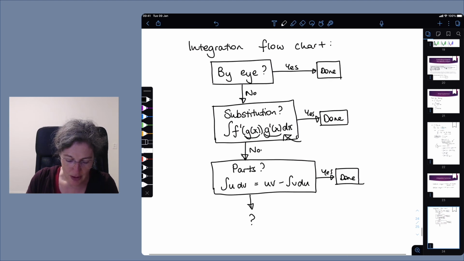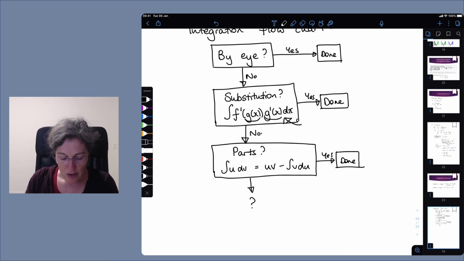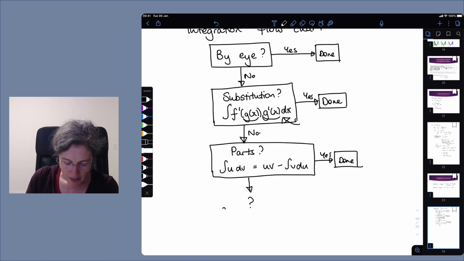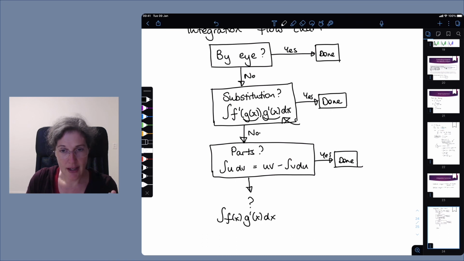If not, then you're going to use integration by parts. So I used slightly different notation in the lecture, but hopefully you follow that. The key thing for me to try and figure out if I'm going to use integration by parts is that I've got a something multiplied by a something else, and I can't do that integral. So I need to be able to change it around.